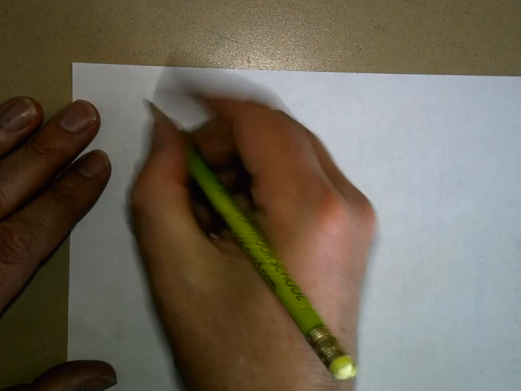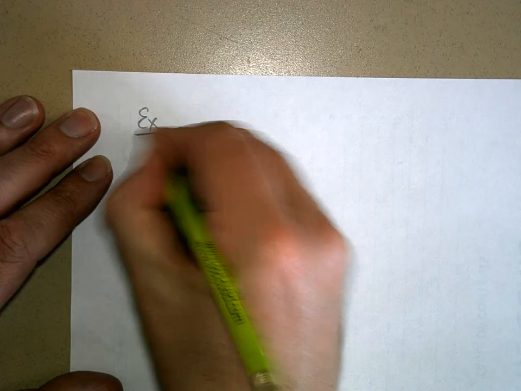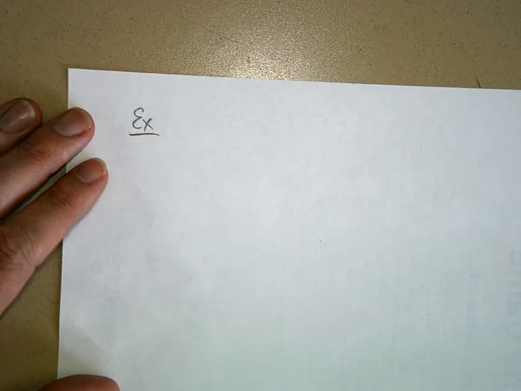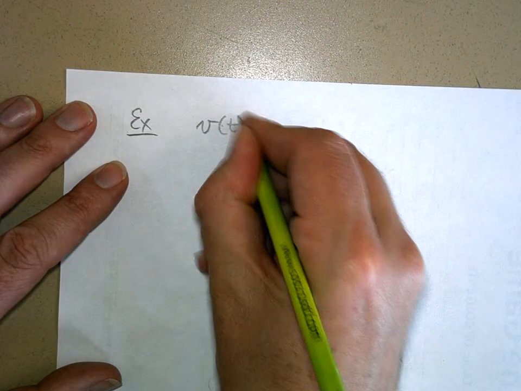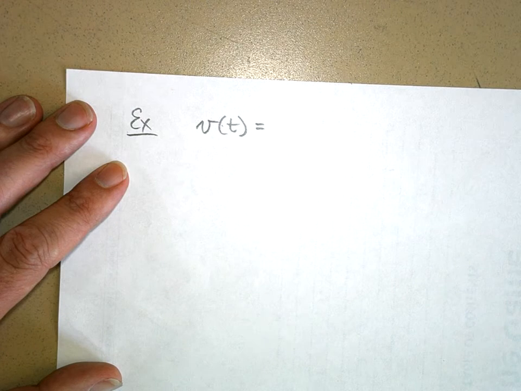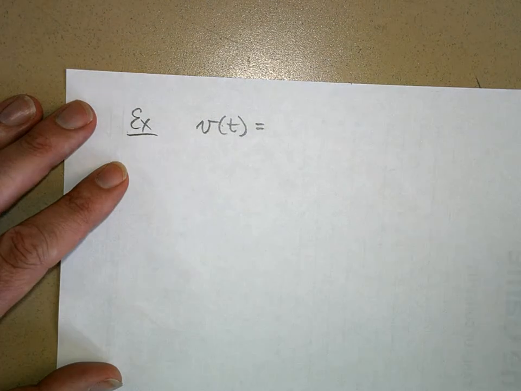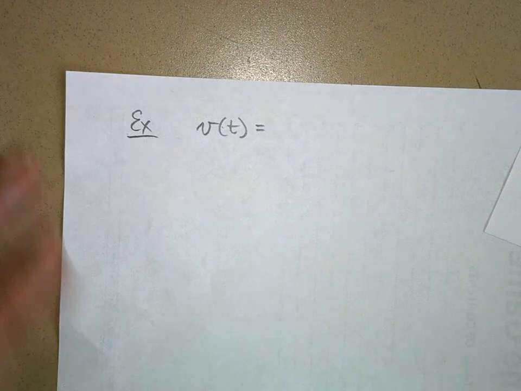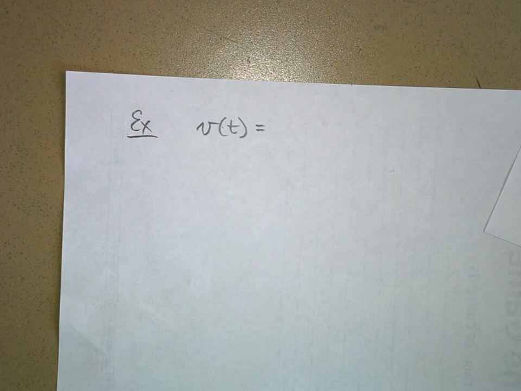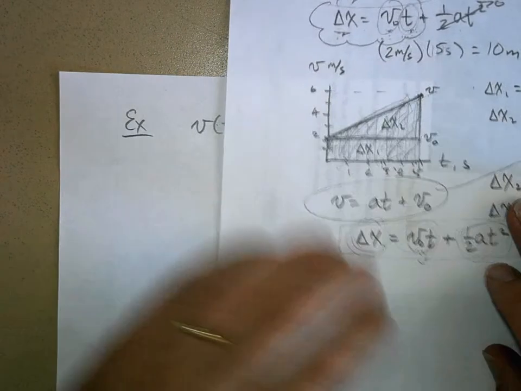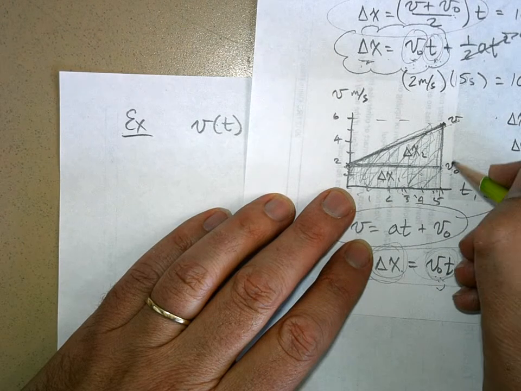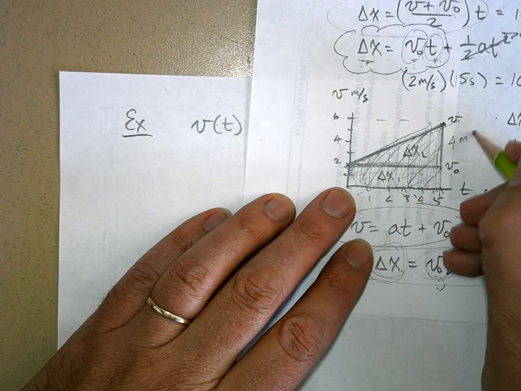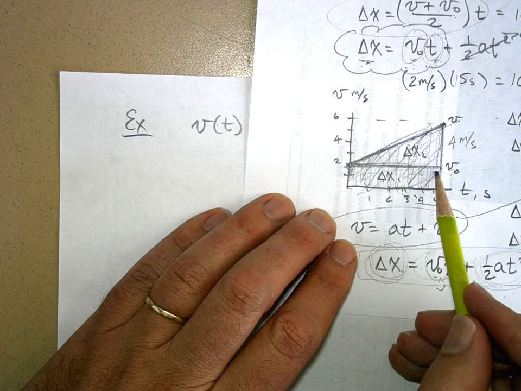Here's an example of how you do this with integration now. Let's suppose that my velocity as a function of time is equal to, what was the acceleration there? Oh, let's go back to this. This v was 6, this was 2, so this is 4 meters per second divided by 5 seconds. So that's 0.8.